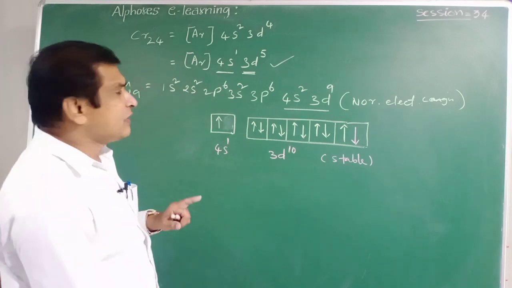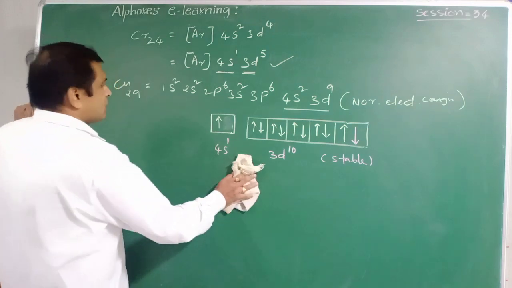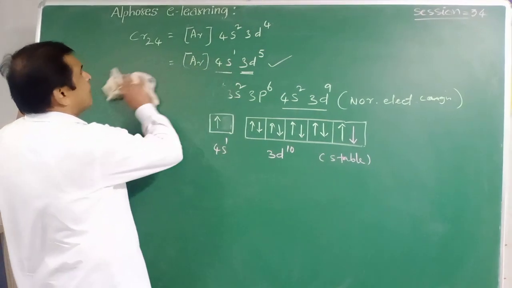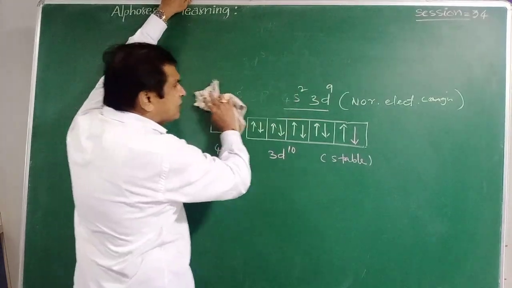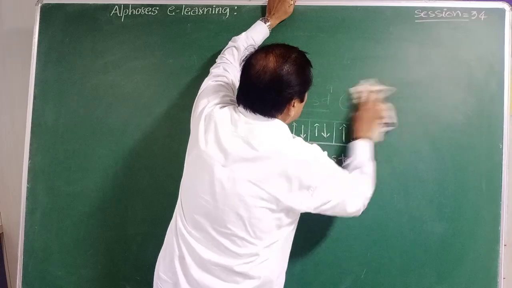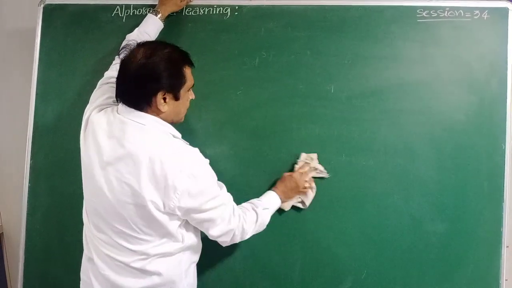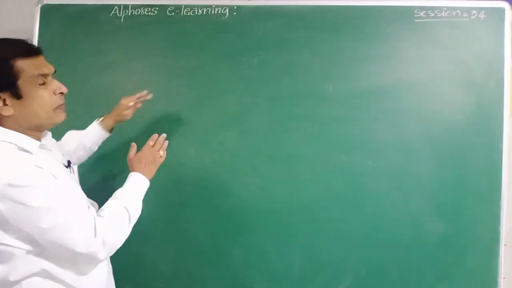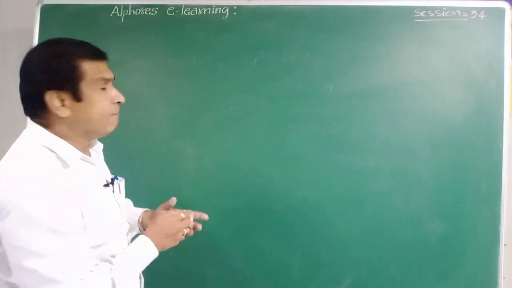Now, palladium, atomic number 46. That is important for the objective examination only. Nobody will ask you in the IP part. For the IP part examination, chromium 24 and copper 29 are important.